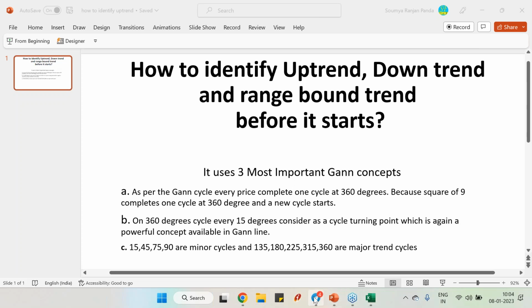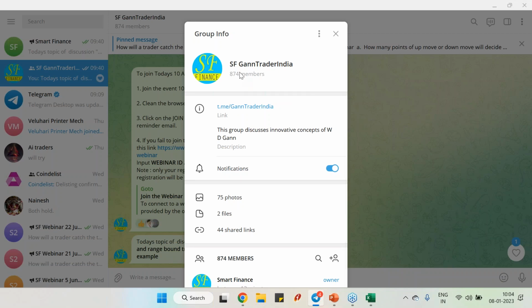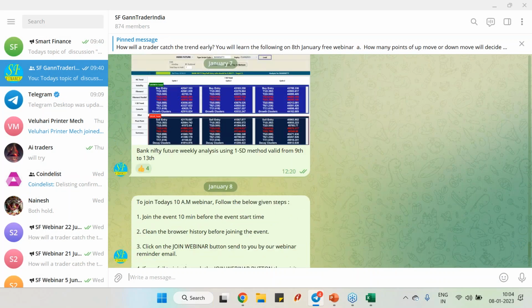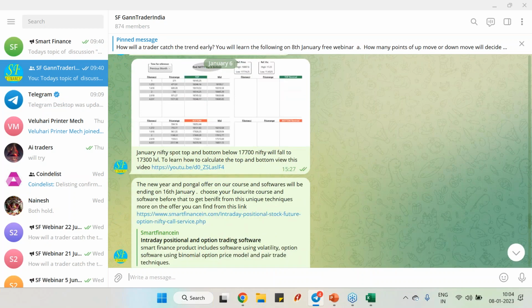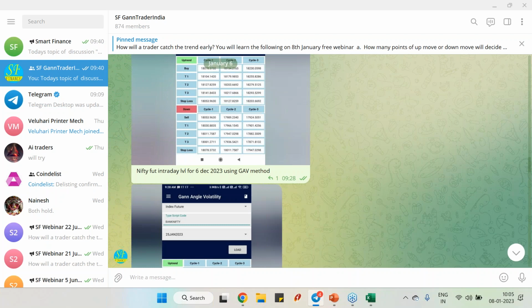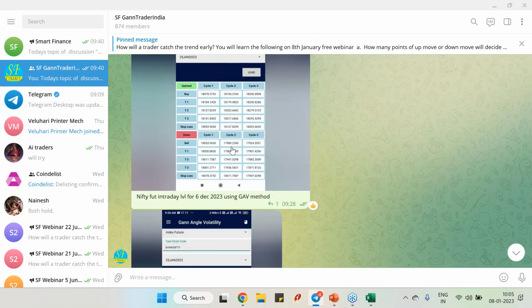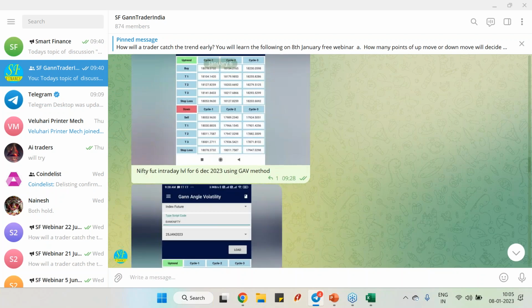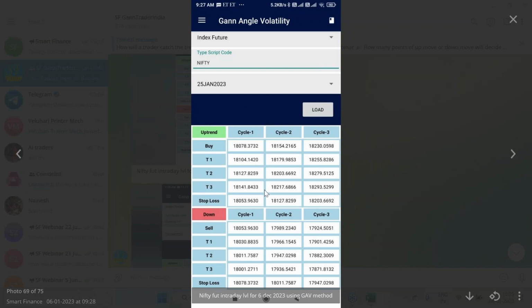For example, those who are members of this Gann Trader India, our Telegram group, we are giving some weekly levels as per the Gann level. We are giving some intraday calculations on Nifty futures and Bank Nifty futures. For example, last Friday we gave these calculations for Nifty future on our Telegram channel.